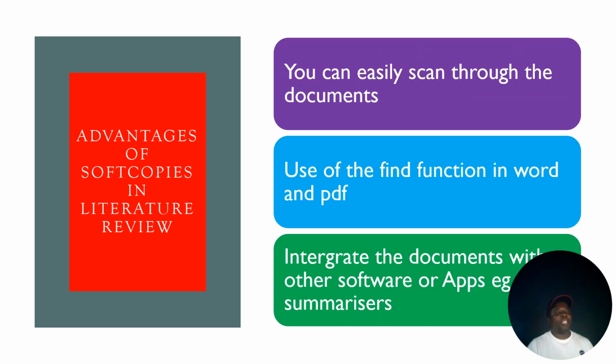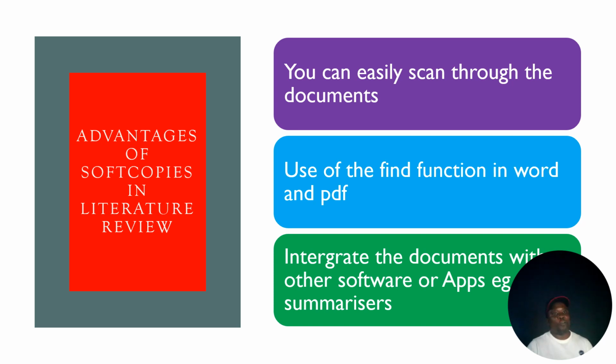Then another important thing that you would love: it's easy to scan. With books, to scan pages, you have to open pages and scan those small fonts, and it's very difficult. But with soft copies, you can enlarge the font, make it much bigger, and scan for the keyword that you're looking for.